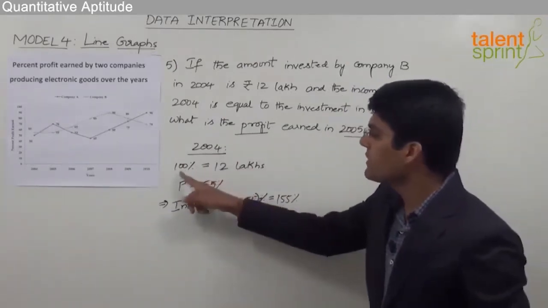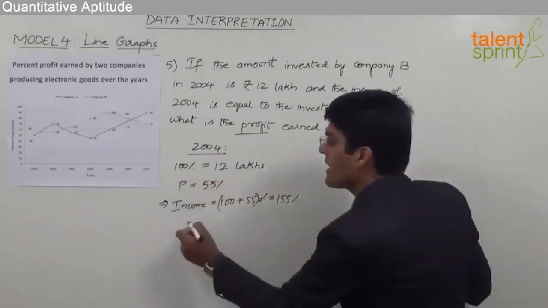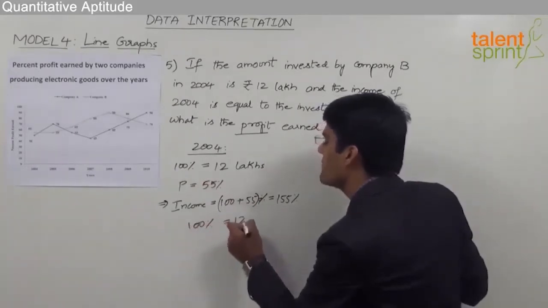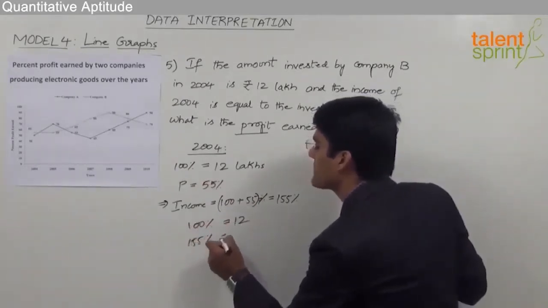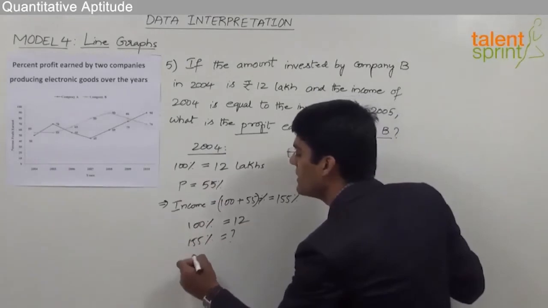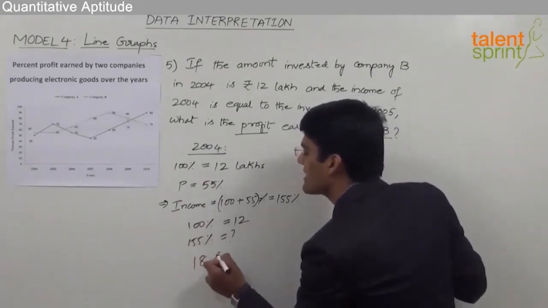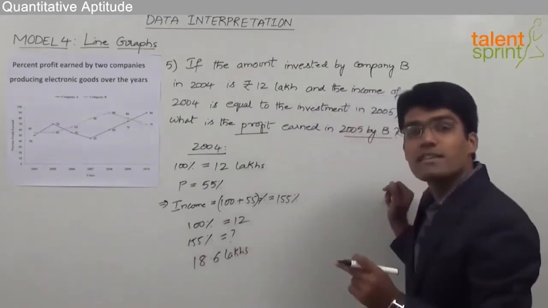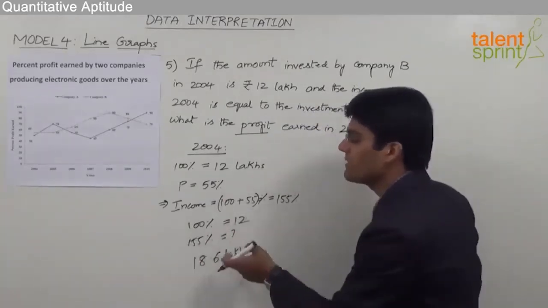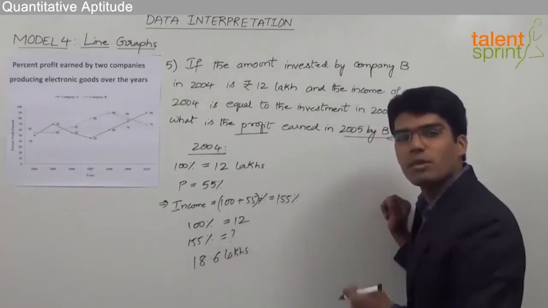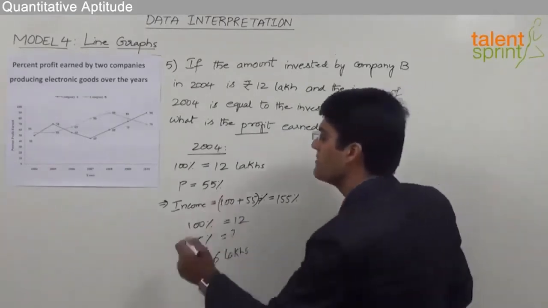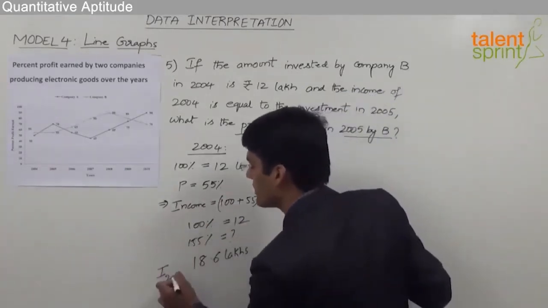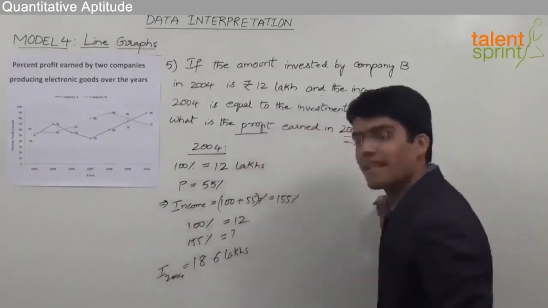And in 2004, we know that 100% was 12 lakhs. So if 100% is 12 lakhs, 155% is equal to what? Upon simplification, this comes out to be 18.6 lakhs. That is, 55% of 12 lakhs is 6.6 lakhs. So 155 will be 100 plus 55, that is 12 plus 6.6, 18.6 lakhs. So income in 2004 will be equal to 18.6 lakhs.